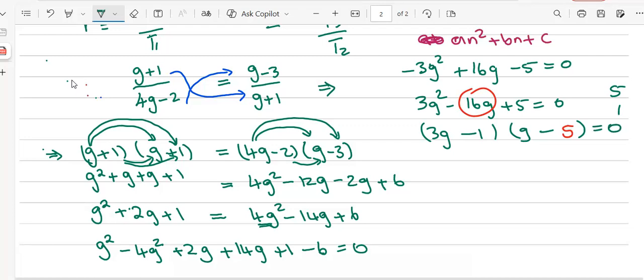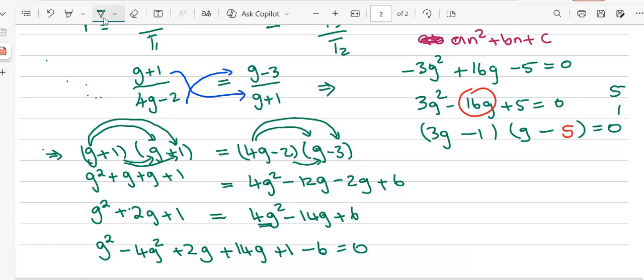Then we use what we call the zero product property. The zero product property says that if you have A multiplied by B and they are equated to 0, you can take A equated to 0 and take B equated to 0. So this bracket should be equated to 0 and solve for g.